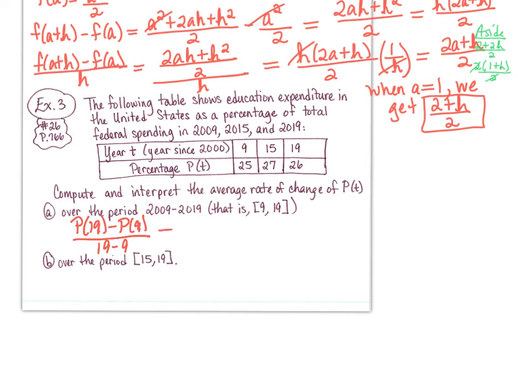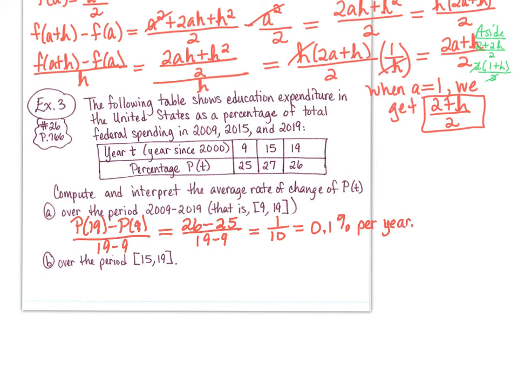What's P of 19? 26. Good. P of 9? 25. Good. Over 19 minus 9, which is 10. Good. So we have 1/10. That means we have 0.1% per year.